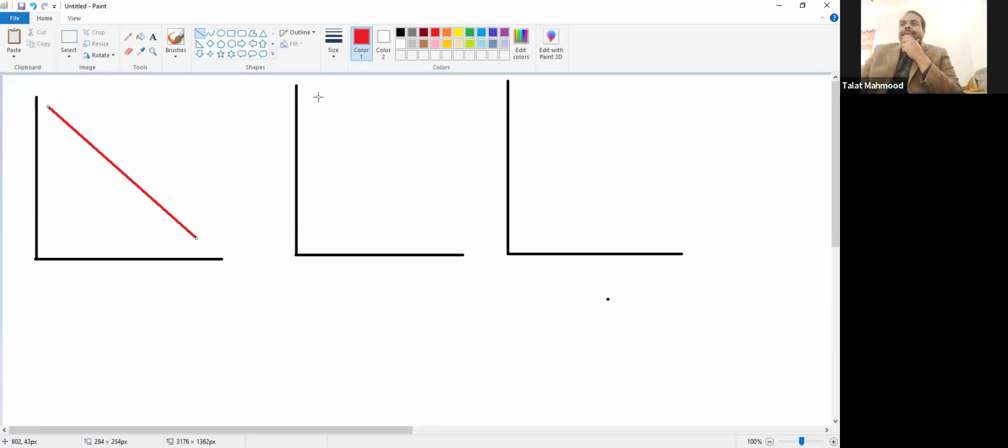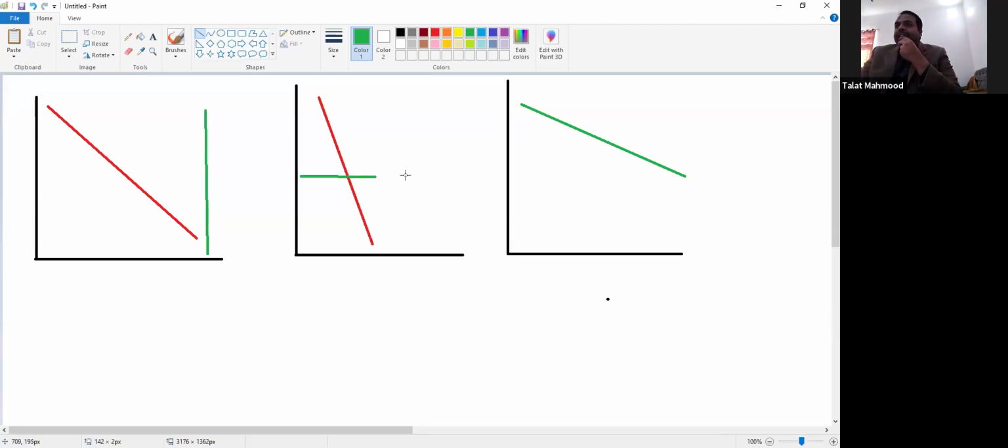When it is greater than 1, when it is less than 1, the demand curve could be steeper, could be flatter, or could be normal. And also the demand curve can be inelastic or perfectly elastic. These are different terms that are used when we study price elasticity of demand.